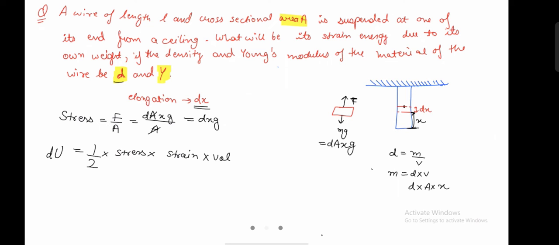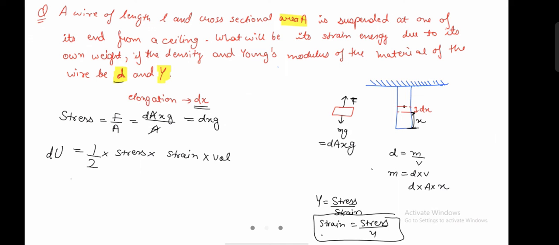So we can replace the value for strain with the stress. How am I going to do that? We know that Young's modulus is equal to stress upon strain. In that case, what will be the value for strain? Strain will be equal to stress upon the Young's modulus, and this value I'm going to replace over here.